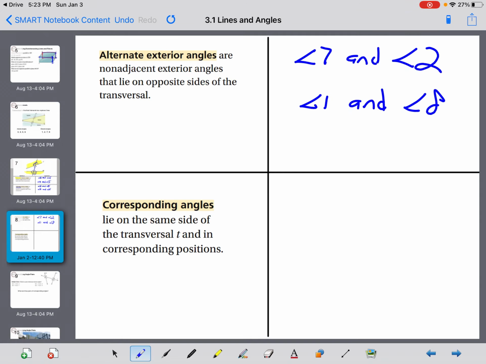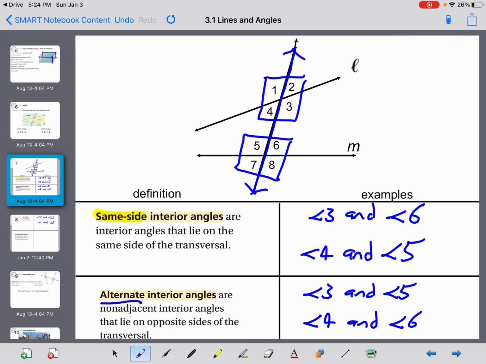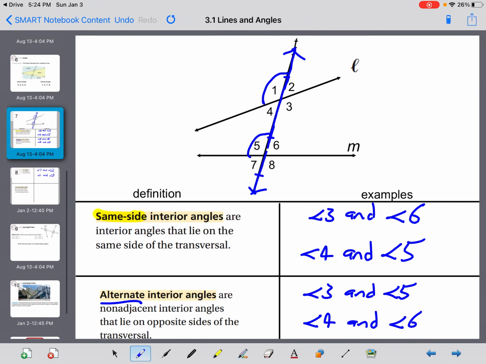Corresponding angles lie on the same side of the transversal in corresponding positions. Okay, so this one's a bit unique. All we need to do is look at the transversal, and the way I would envision this is you have two groupings of four angles, okay? If I was to look at angle 1, that is in the same spot as angle 5, okay?